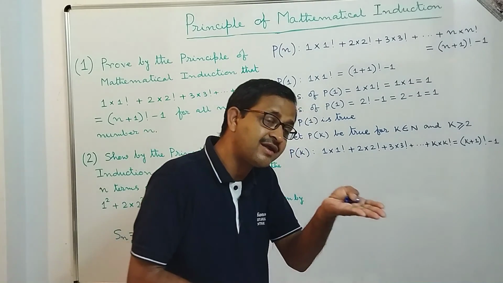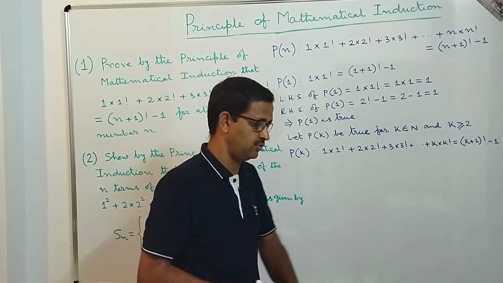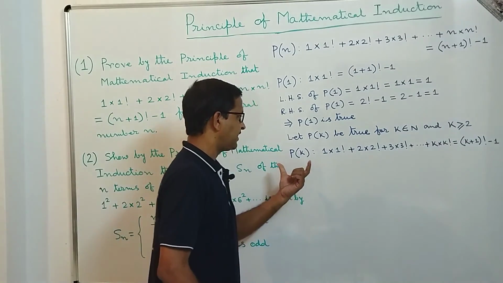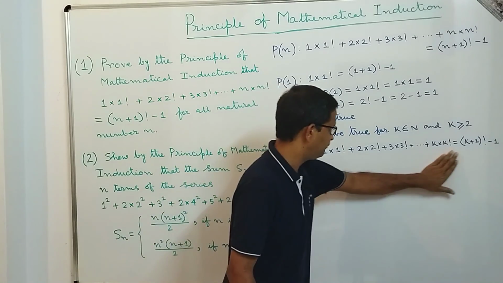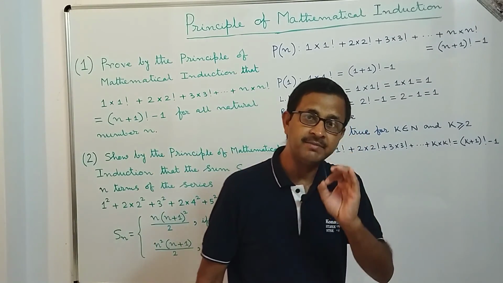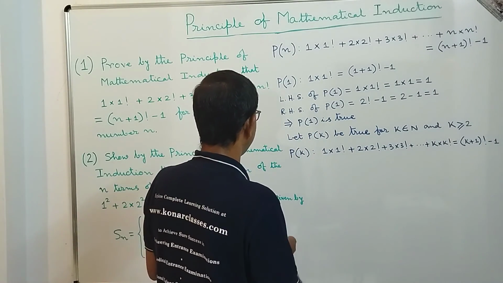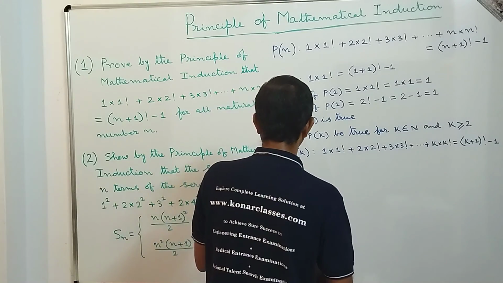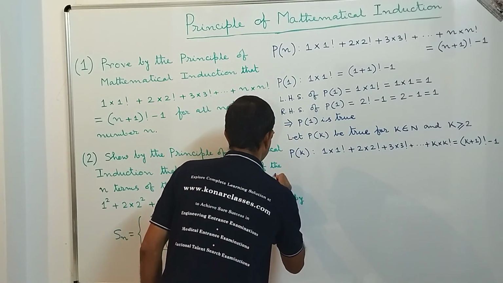Now based on that assumption, we need to prove that Pk plus 1 is true. To prove Pk plus 1 true, first let's write what Pk plus 1 is.